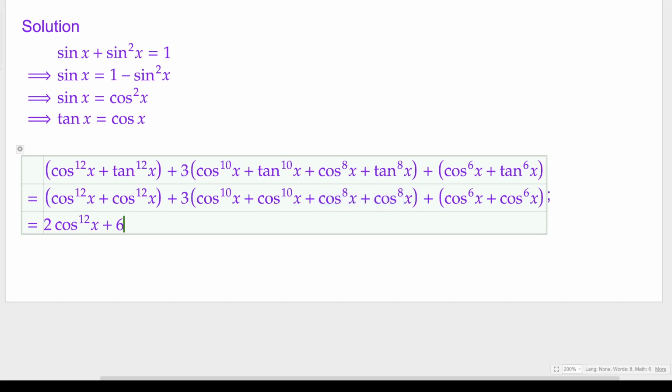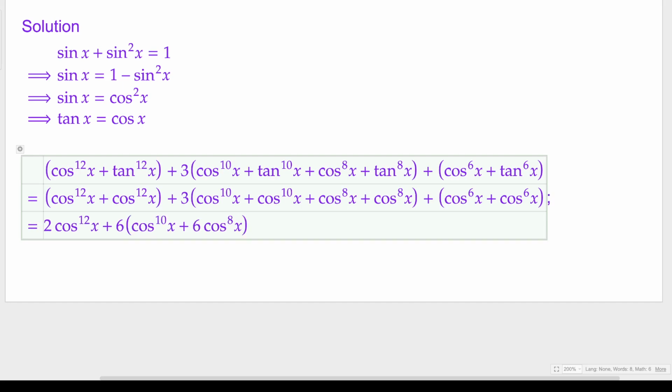So this will be 3 times 2, that is 6 times cos x power 10 plus the other one can be written as 6 times cos x power 8. And again I can just keep this 6 as a common factor, so I will remove this 6 from here. I hope this part is clear, right? Now next, for this one I can write 2 times cos x power 6. So the expression got resolved to this stage.